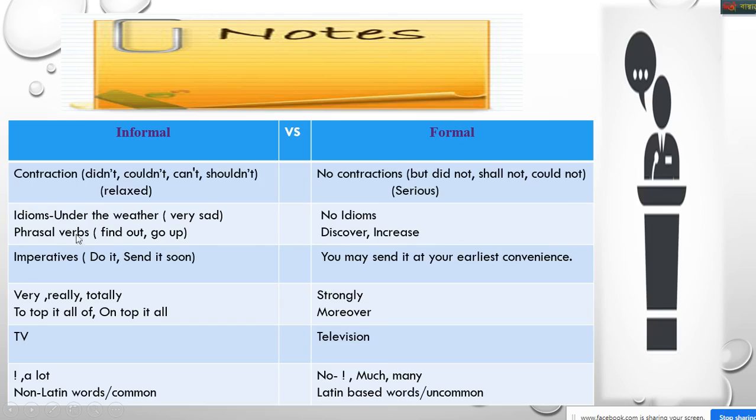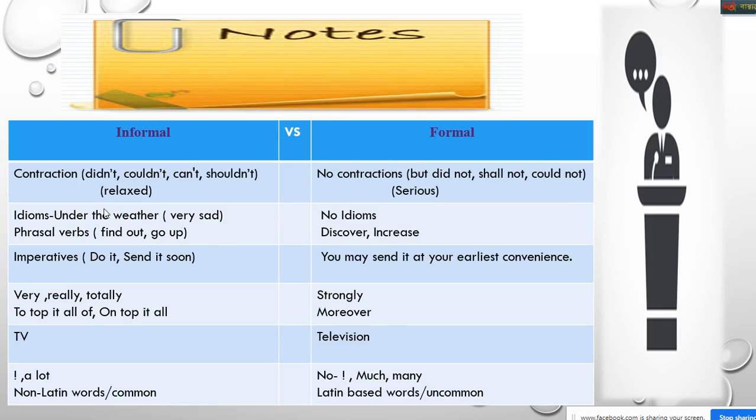And then idioms, like under the weather. Say you are writing or using these idioms. Actually, you are not supposed to write any idioms in a formal letter, because sometimes idioms may have different or complex meanings. So just to keep it formal and easy, you are not supposed to write any idioms, right?